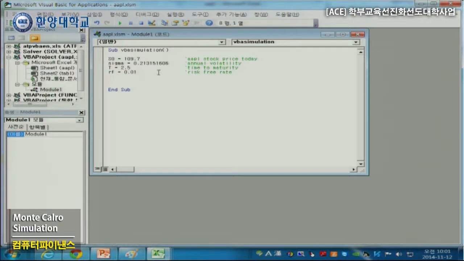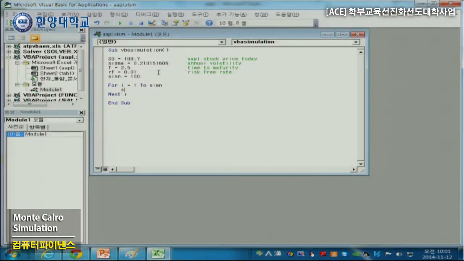Okay. And then let's do the simulation. Number of simulations is, say, 100 times. Okay. And then for I, 1 to N simulation, Next I, and then we will do 100 simulations.